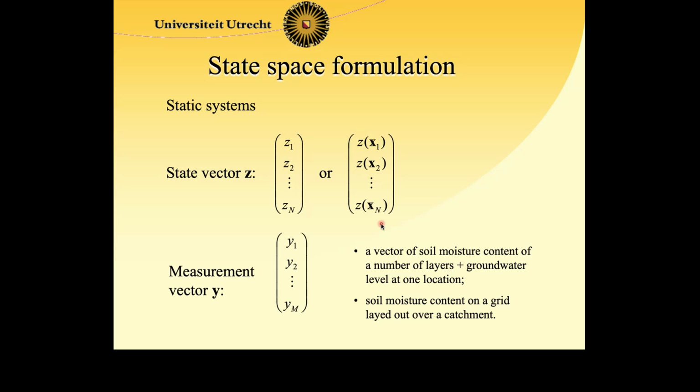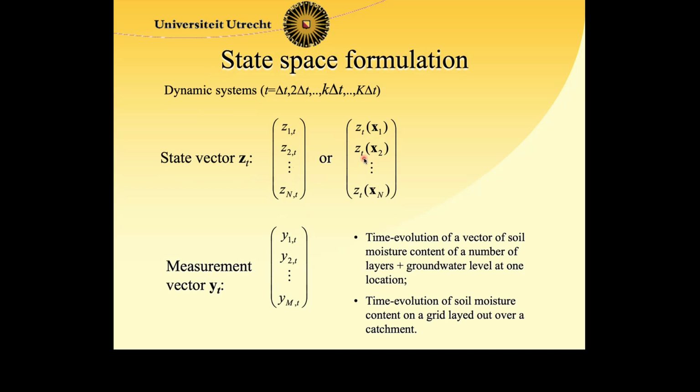And we have also a static set of observations, only one set of observations, and we want to combine both sets of information. That becomes different if we have a so-called state vector in time, like we saw before. Suppose this is the groundwater level at multiple locations over time.